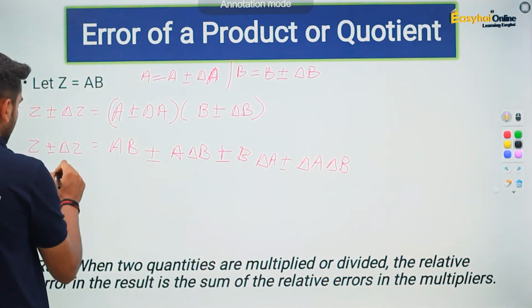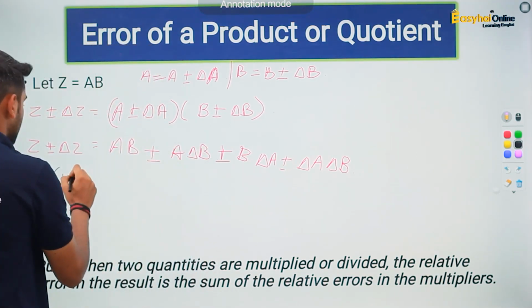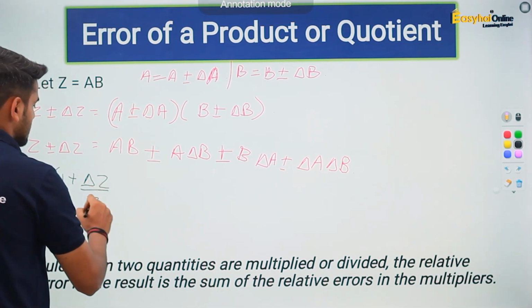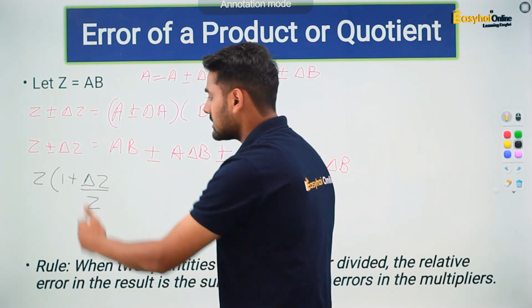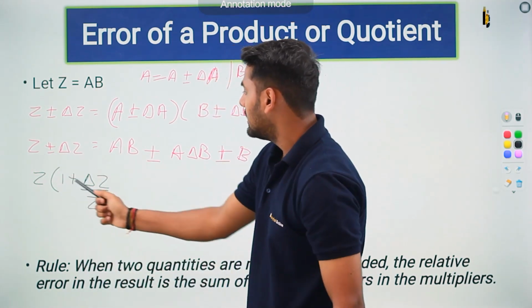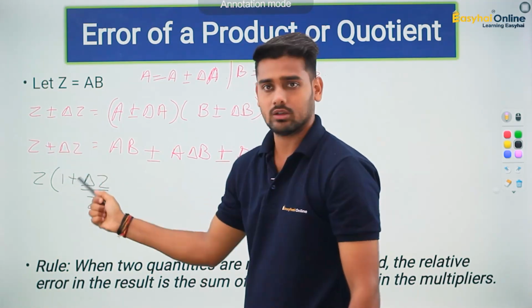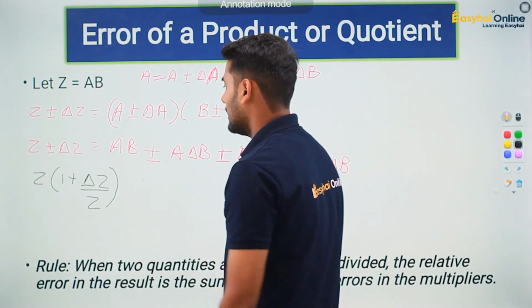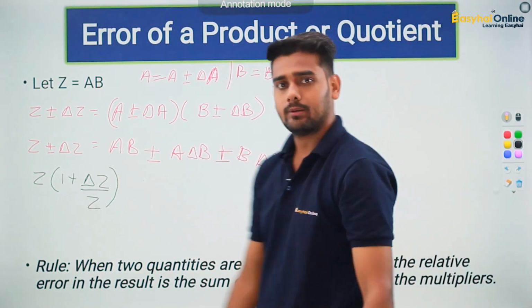If I take Z common, I'll get Z outside, and this is going to be equal to 1 plus minus delta Z upon Z. If you just multiply this again, this is going to be equal to Z, and then Z and Z will get cancelled, and you get the same equation. So I have taken Z common like this. Now I am going to take AB common from this whole term.